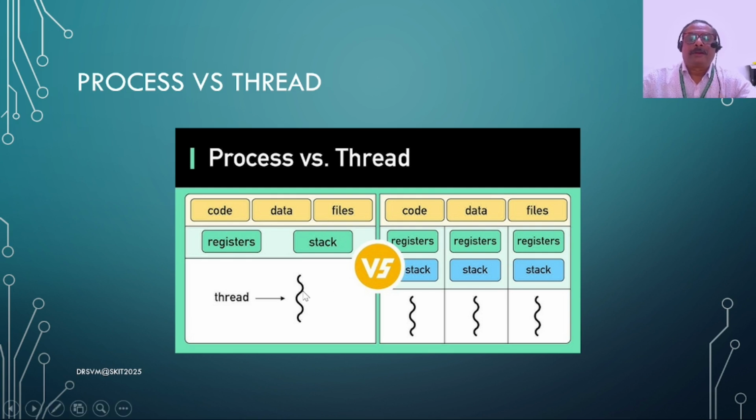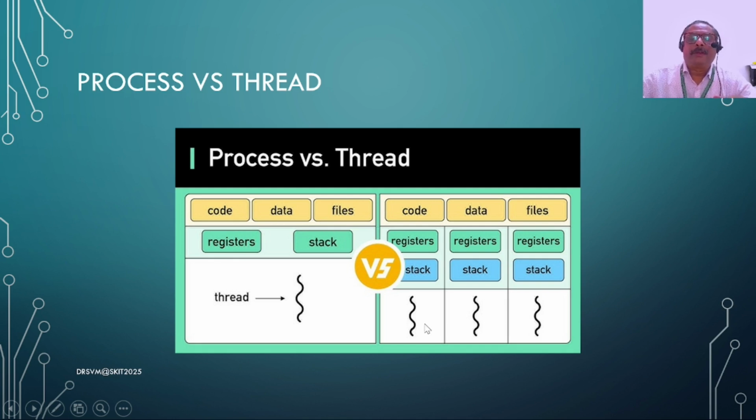When we are trying to work on the same process in multiple ways, instead of copying the same code again and again multiple times in the main memory, we can keep one copy of the code and allow many users to use it through the threads.